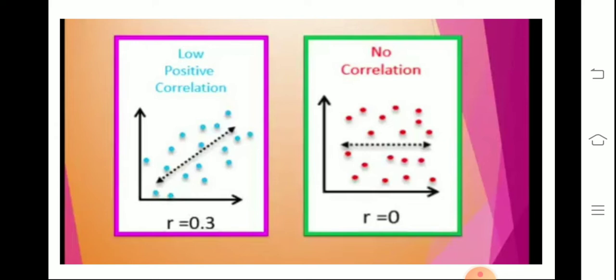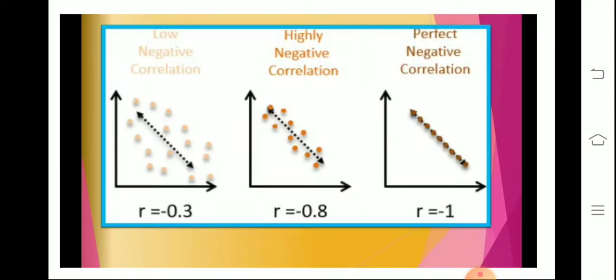The low positive correlation, 0.3, and the scatter graph of the no correlation shows that it has zero correlation. We also have low negative correlation, which is equal to negative 0.3. Highly negative correlation shows negative 0.8, and the perfect negative correlation is negative 1.